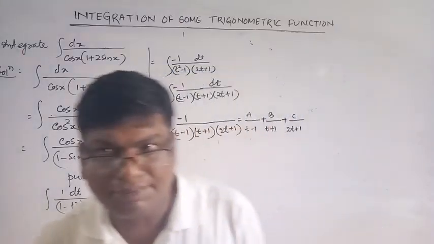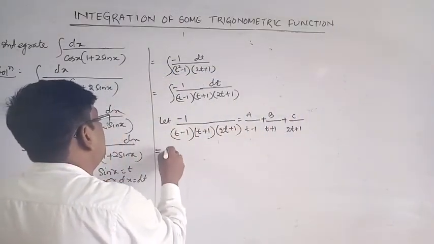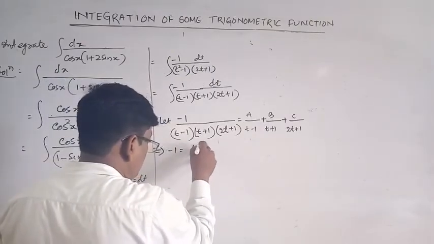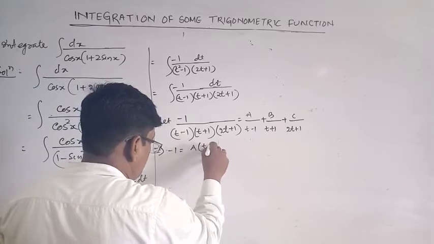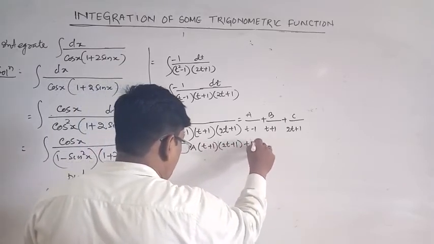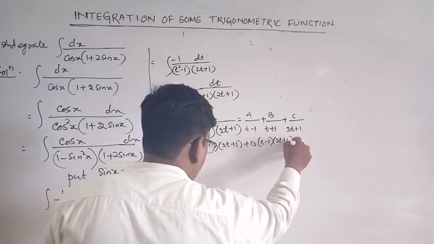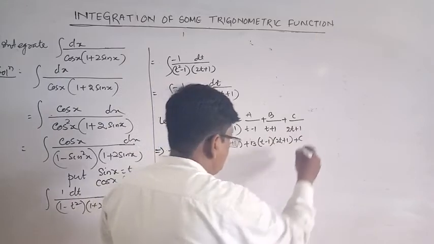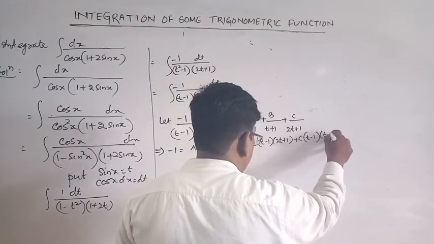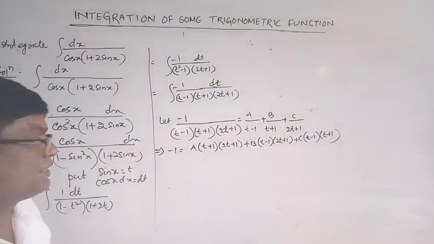As per the rule of partial fractions, we can write minus 1 is equal to a into t plus 1 into 2t plus 1 plus b into t minus 1 into 2t plus 1 plus c into t minus 1 into t plus 1.